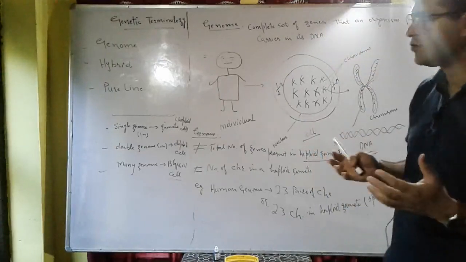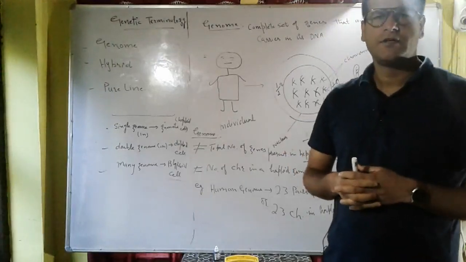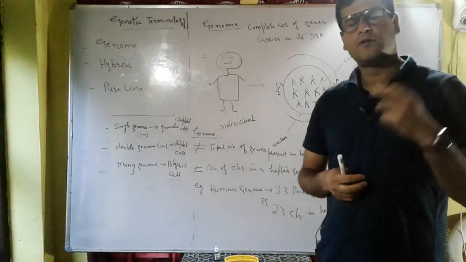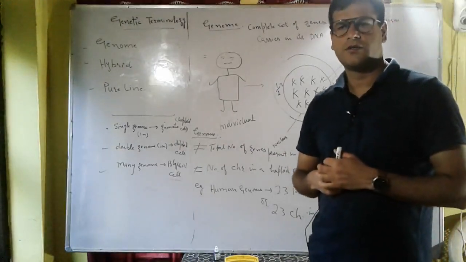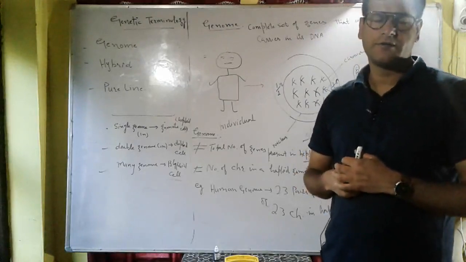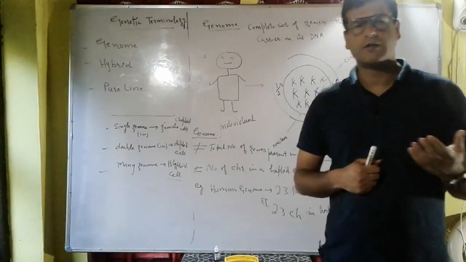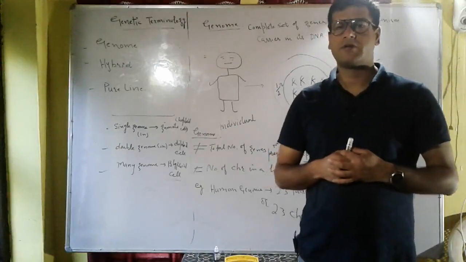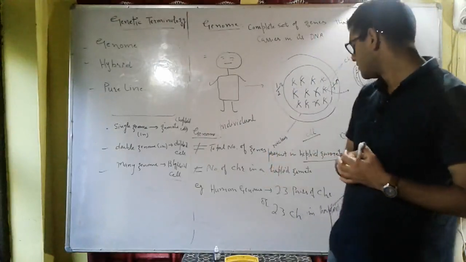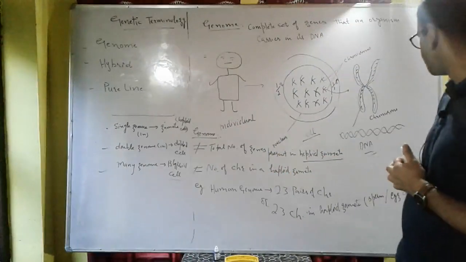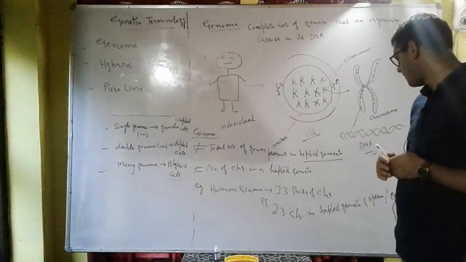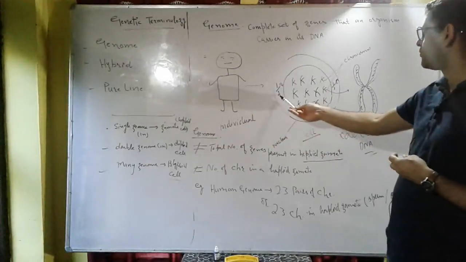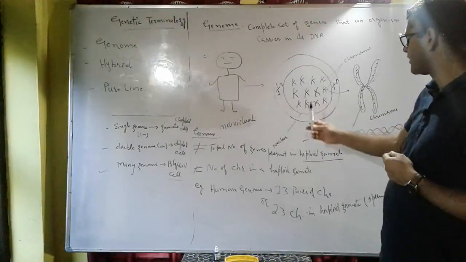We say that what is genome? Genome is simply the complete set of genes which are present in an individual, or the complete set of genes contained in a haploid gamete. Or it is the total number of chromosomes in a haploid gamete. This is what is called as genome. For example, this is an individual, half chromosomes getting from the father, half chromosomes getting from the mother.